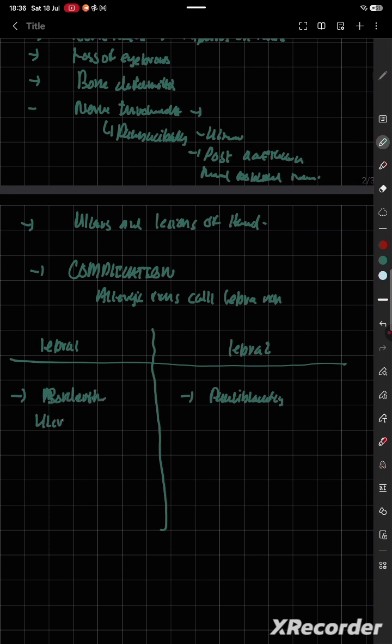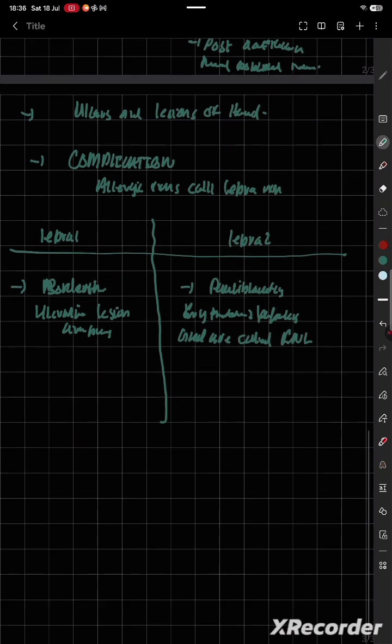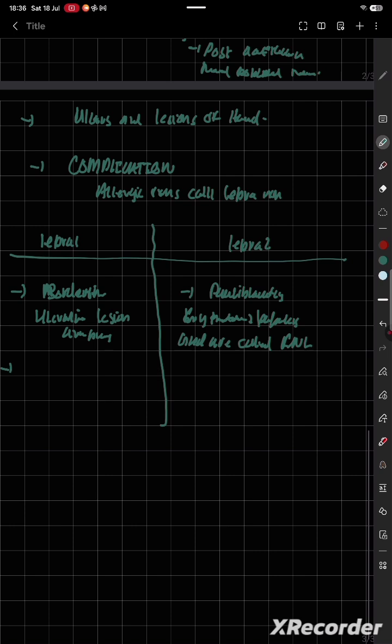Here ulcerative lesions are present. Here erythematous papules are present, meaning red-colored papules, and they are called ENL.